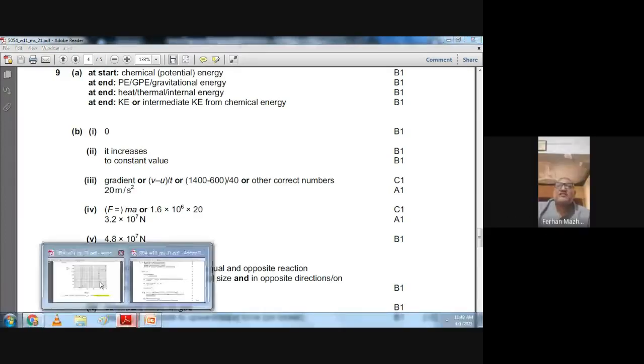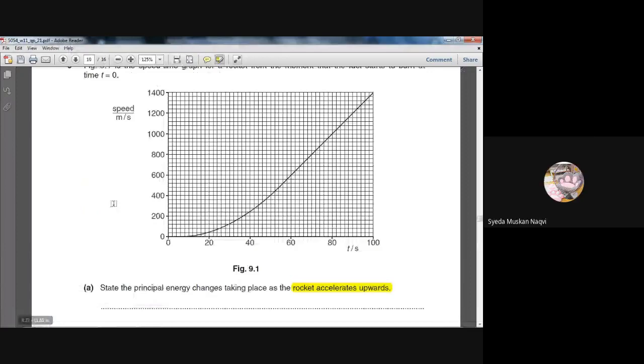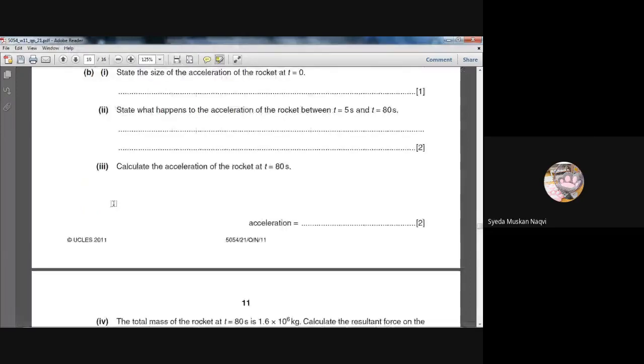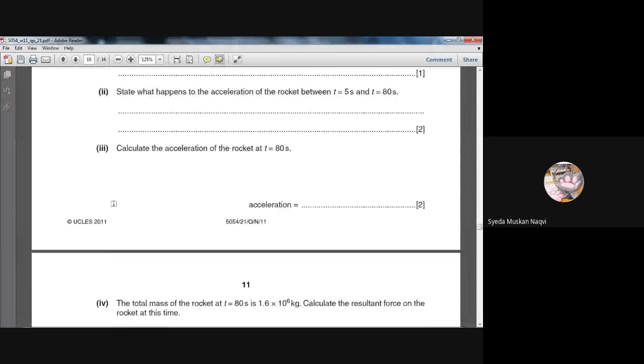What did you write? Would you like to read? Yes, sir. At start, acceleration starts increasing non-uniformly, but after 50 seconds, acceleration became uniform. Yes, yes.